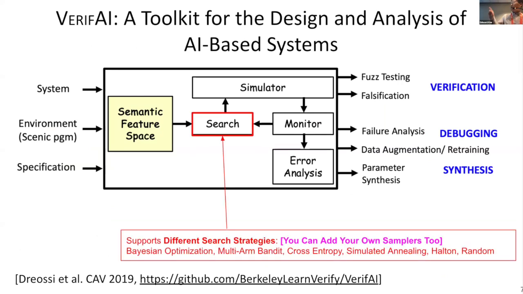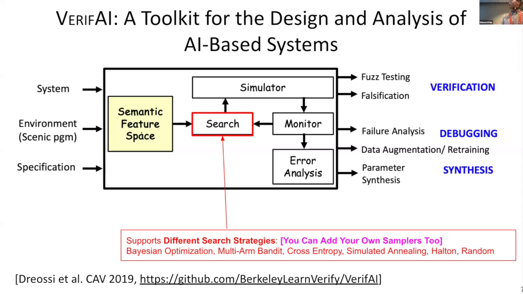And then specifically, the search part is what's nice about Verify. It supports different sampling strategies that balance the trade-off between the exploitation and the exploration constraints that you may be interested in. We support Bayesian optimization, multi-armed bandit, cross-entropy, simulated annealing, and so on. And you can also add your own samplers as well.